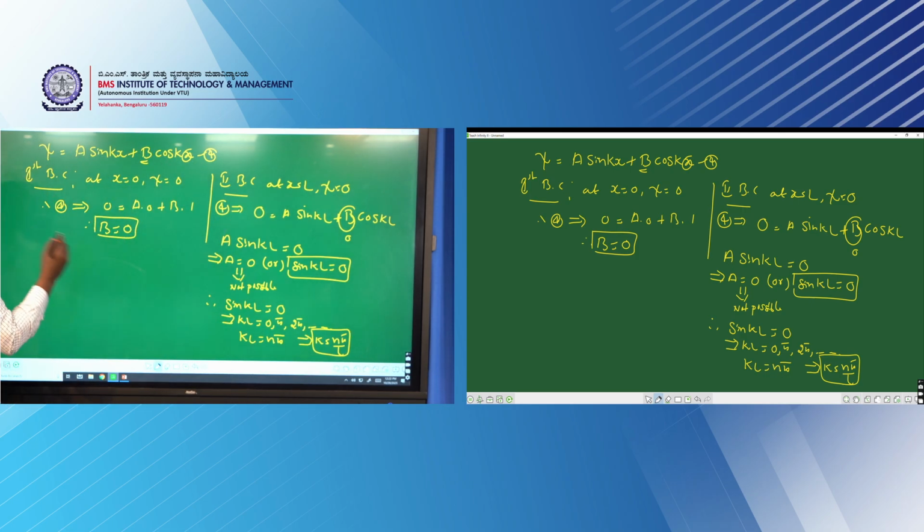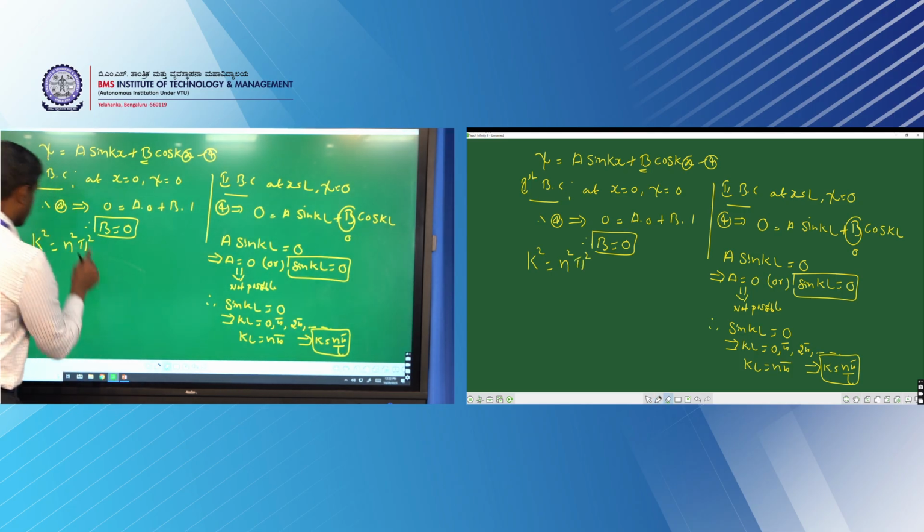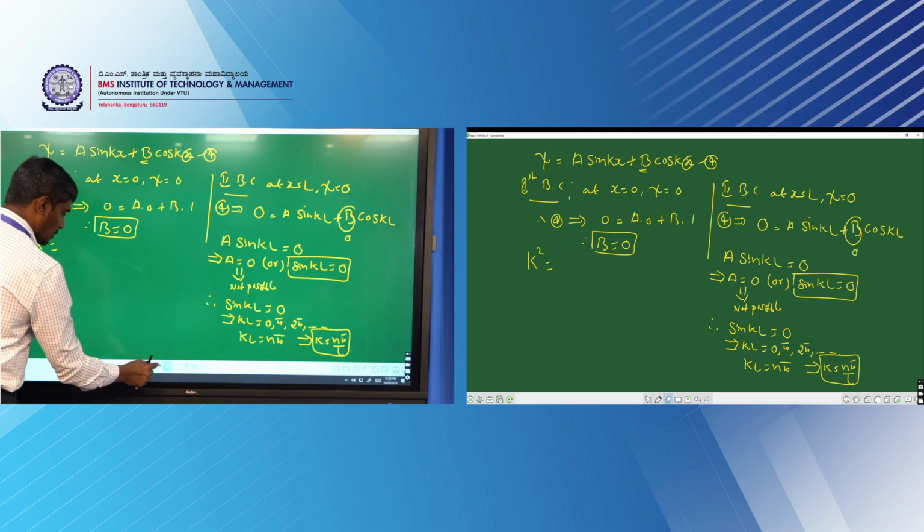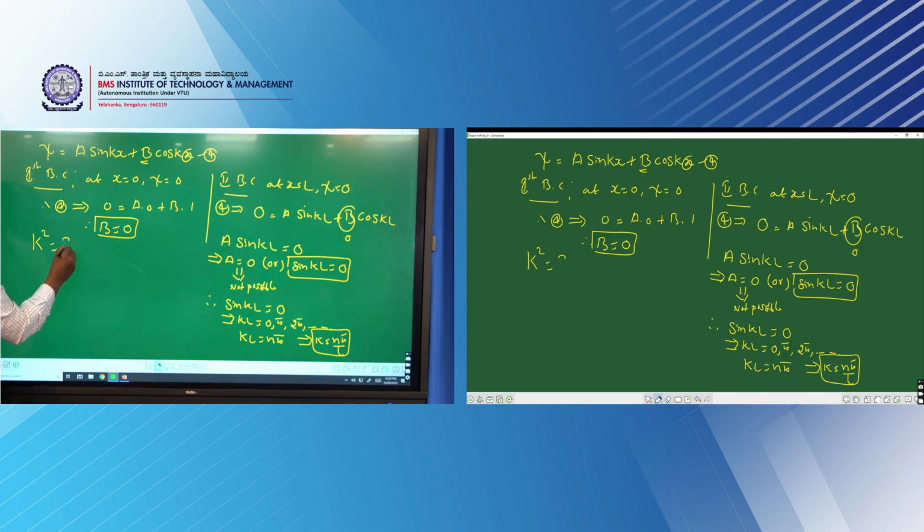But remember, what is k square? According to equation number 2, k square is, sorry, it is not pi square. What is k square? It is 8 pi square mE by h square. This is what we denoted as k square, right?